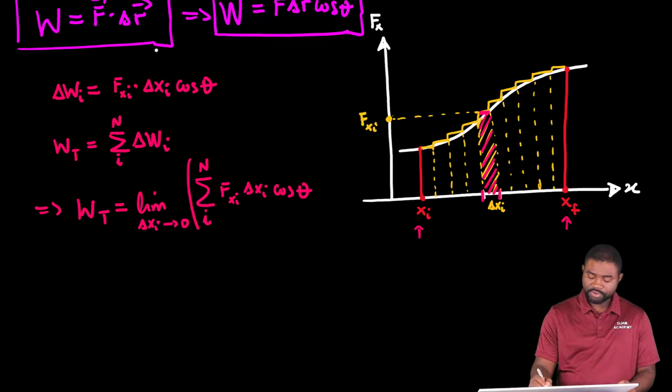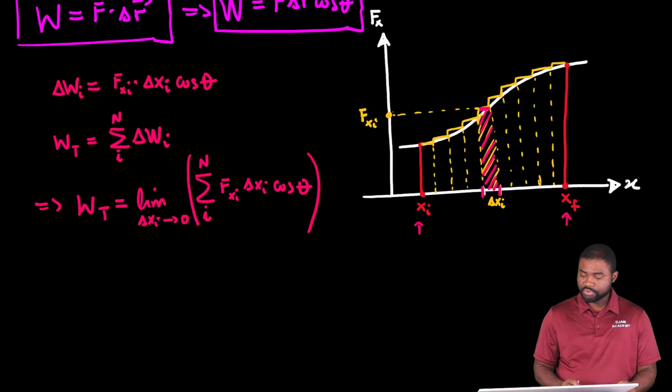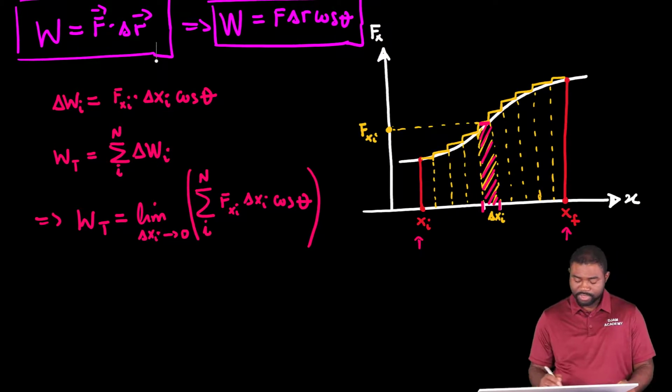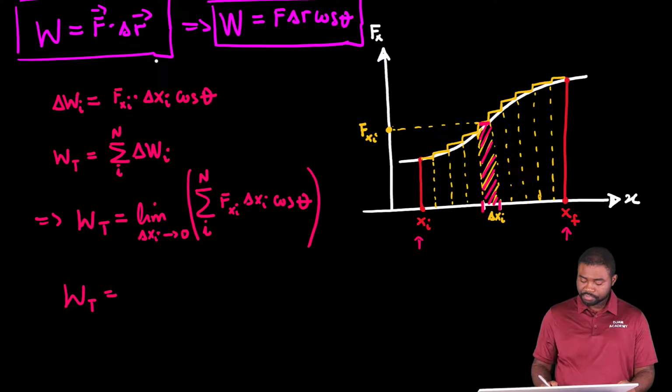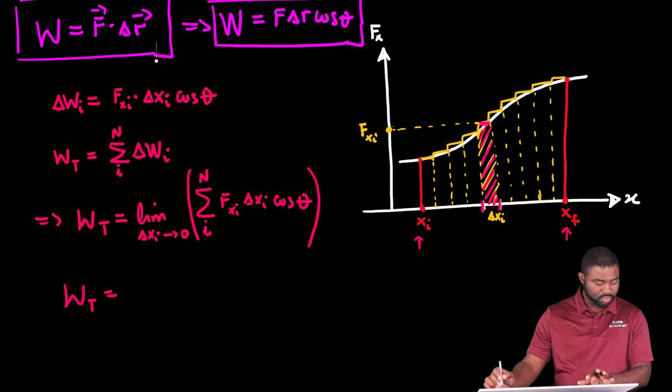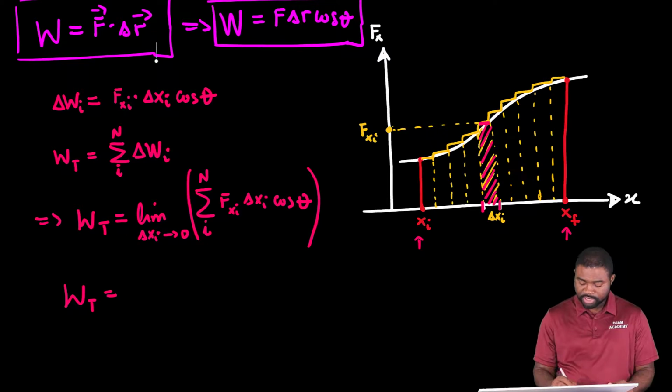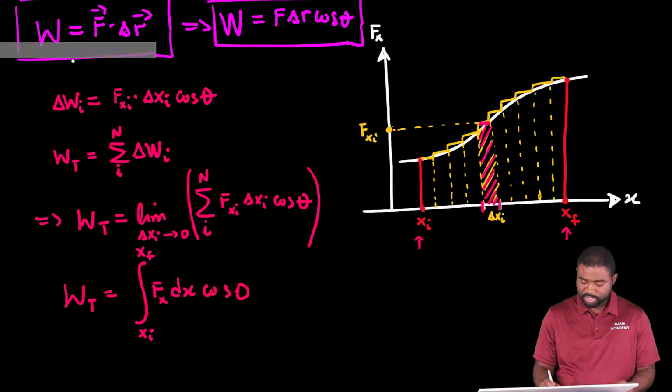We can further expand this. This would mean that the total work done will be equal to, remember that this is just the definition of the integral from xi to xf. So we can clearly say that this will be equal to the integral from xi to xf of F of x dx cosine theta.